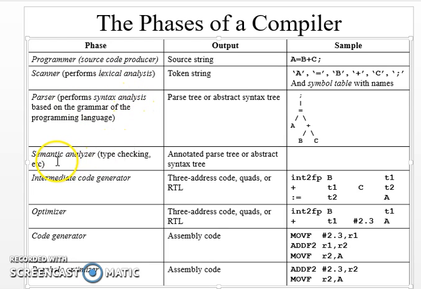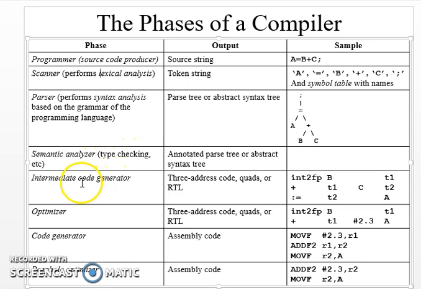Then the semantic analyzer checks whether these grammar symbols are arranged in a meaningful way. If we perform any addition operation, that operation must be performed on similar types of data operands. That type of checking is done by the semantic analyzer. That is type checking.